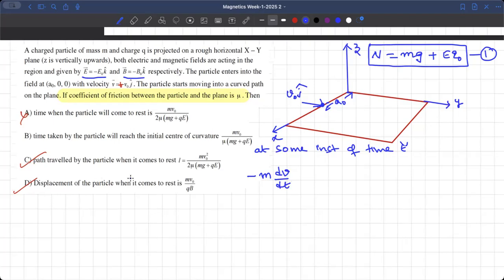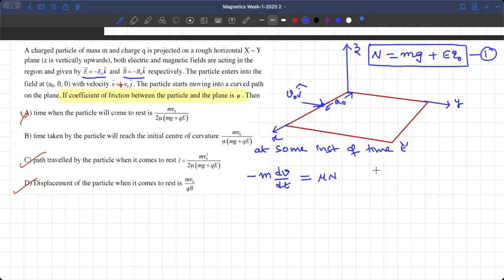What is the direction of the force of the magnetic field? V bar cross B bar direction, which lies in the XY plane only, right? Now, what is going to be m dv by dt?